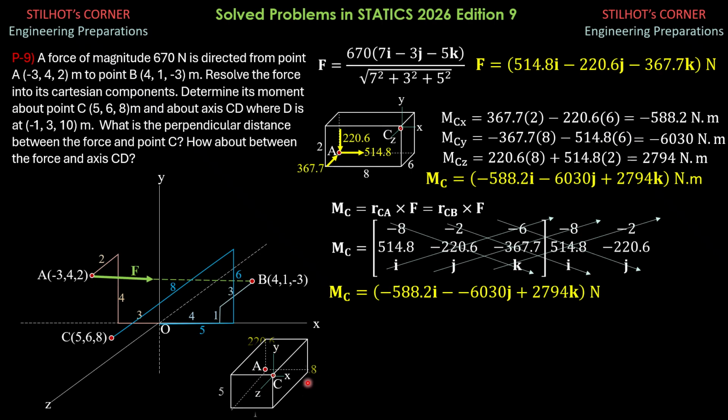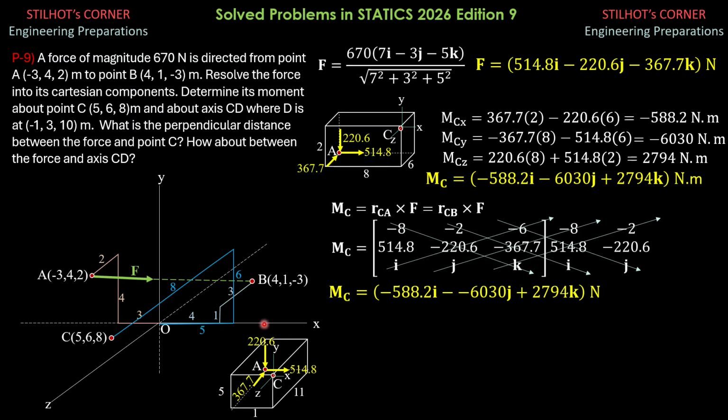This is C, and that's A there in the bottom left corner at the rear end. And the components of force and the dimensions are shown. So 1 meter, 11 meters as mentioned, then 5 meters. These are the components. So moment about Cx, again, x component of the force is not producing moment about Cx, so only 220.6 and 367.7. So based from the figure, the moment of 367.7 is positive, 367.7 times 5.